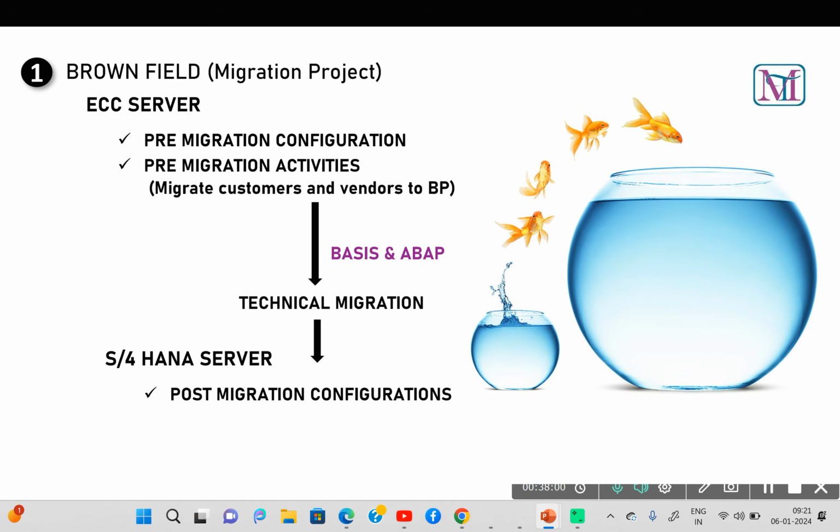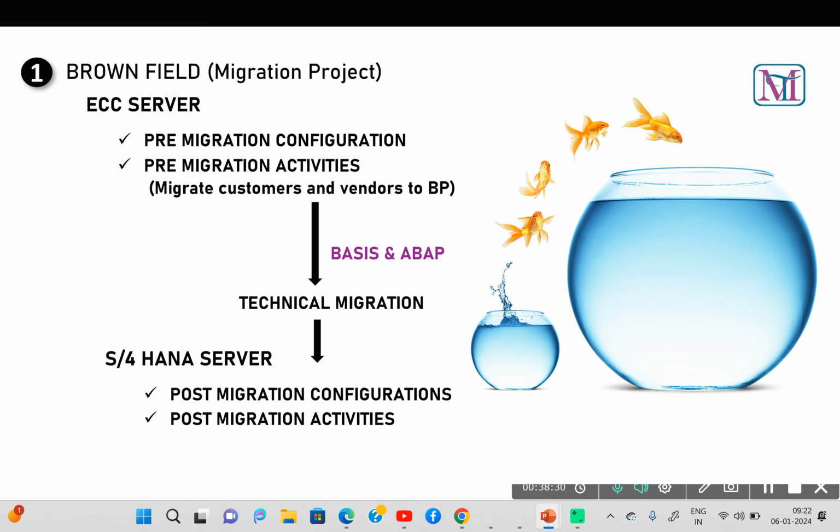We have to do post migration configuration and post migration activities. Then all setup will be done, and we'll go for testing. If everything is working fine, we'll get the BVP sign-off. Thereafter, we hand over the S/4HANA server to our client for day-to-day transactions.